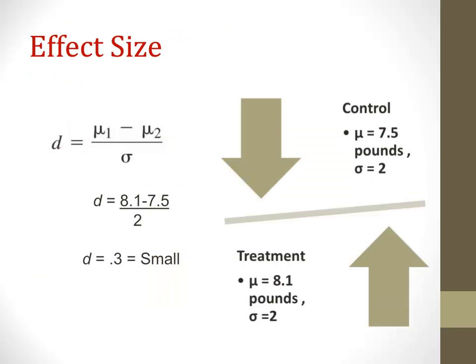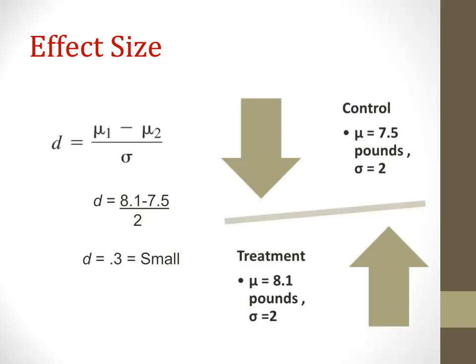So now let's go back to our weight loss example and use a formula to calculate the effect size. By just looking at the means, we can tell there's not a large difference. It looks like there's a very small difference between our treatment and control group. But let's go ahead and use the formula. d equals mean 1 minus mean 2 over sigma, the standard deviation of the population.